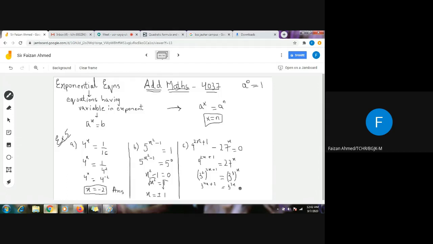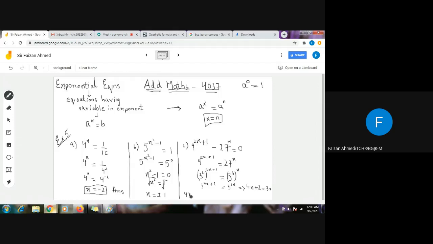So now I can see that both the bases are same. So I will now just equate the powers, and the powers will be 4x plus 2, and it will be equal to 3x. And now I just have to simplify it. I will shift this 3x to this side, so it will be negative, and 4x minus 3x I will solve over here.